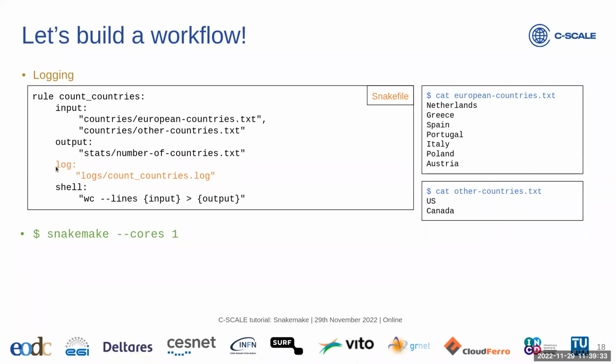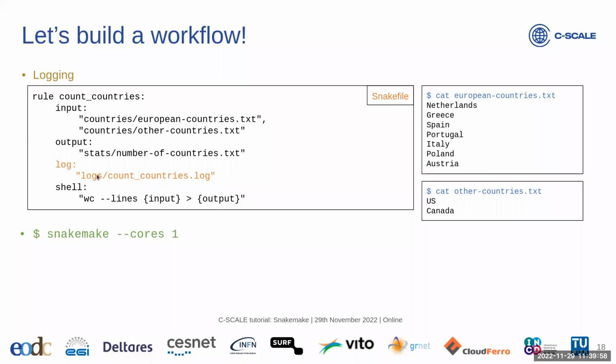You just need to specify the log keyword and then a path to output the log of your command. A good recommendation is that inside your working directory, you create a logs folder, and for example, you can dump the log with the name of the rule. So you can have per rule log files inside the logs folder.